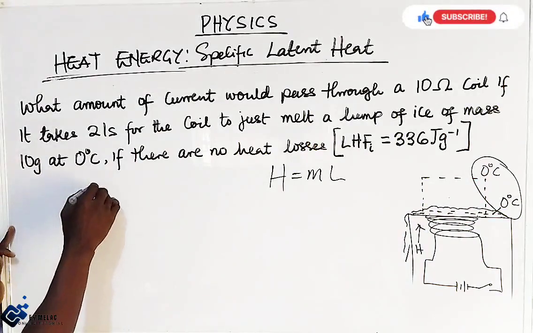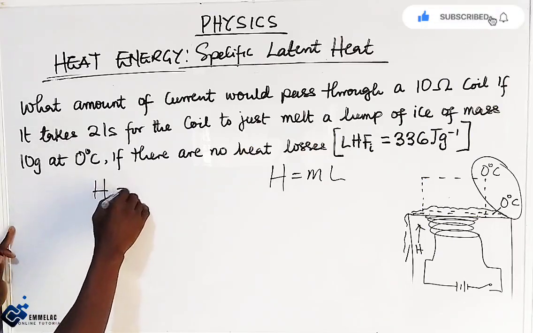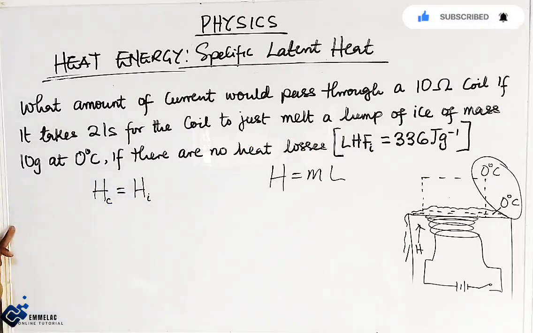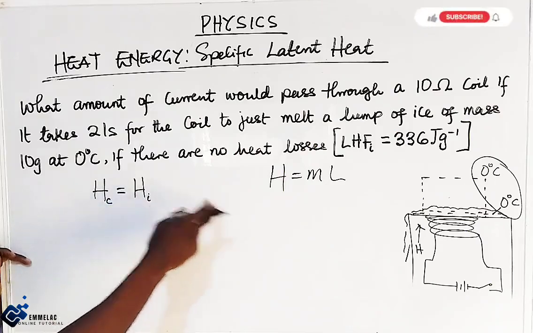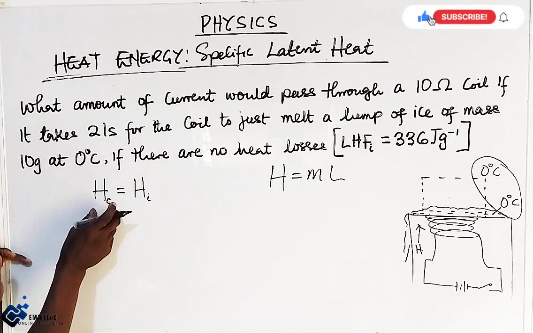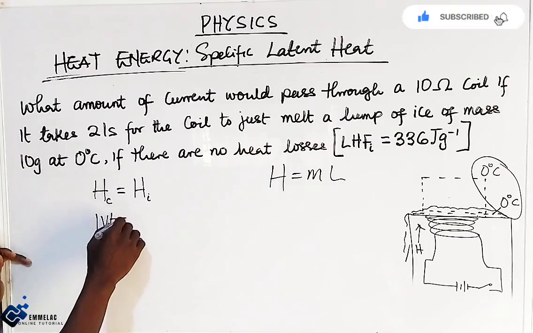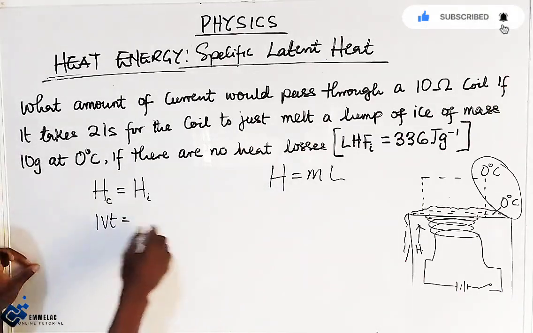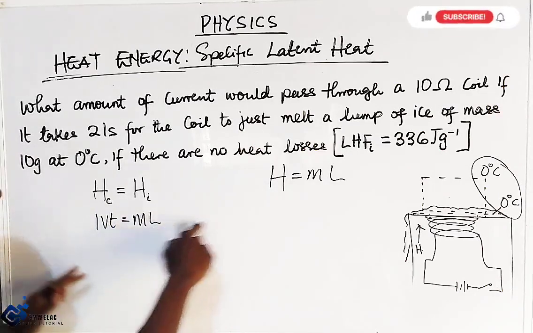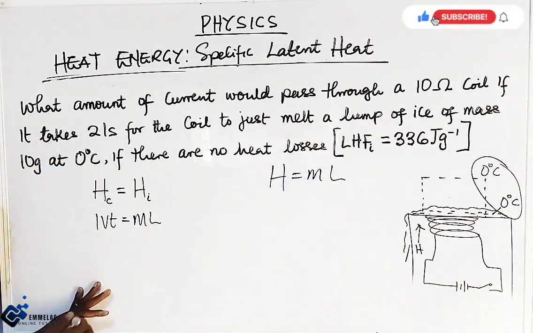So we can say the heat supplied by the coil equals the heat gained by the ice changing from ice to water. The electrical heat will be given as IVT, which equals mL, where L here is the latent heat of fusion of ice.